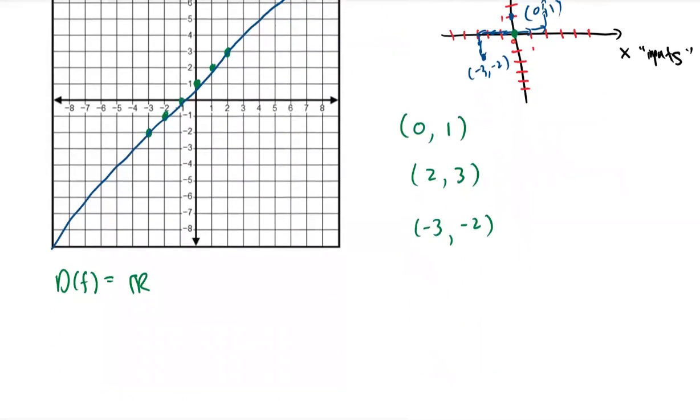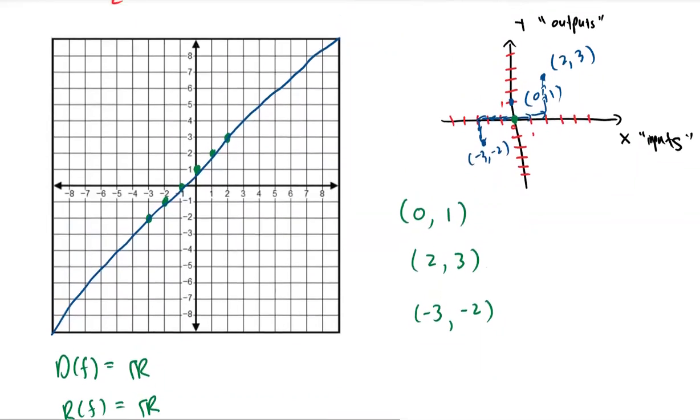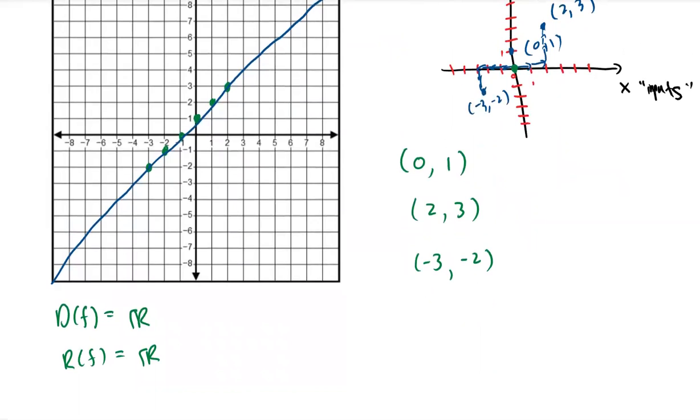So again, in this case, the range of this function would be the set of all real numbers. Now, I know I'm not saying too much about this. It's on purpose because we're going to talk more about this a little bit later. But for now, you can try to understand why it's the case that the domain and range of this function are, in both cases, the set of real numbers.